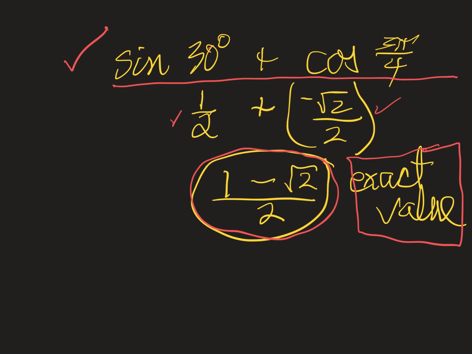And we're going to eventually be able to use special angles to actually find exact values of things like the sine of 15 degrees, half of 30, or the cosine of 22.5 degrees.